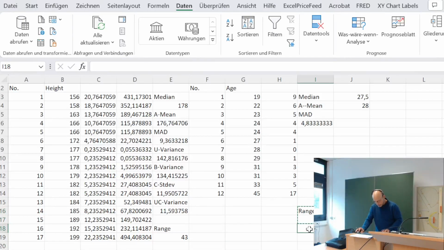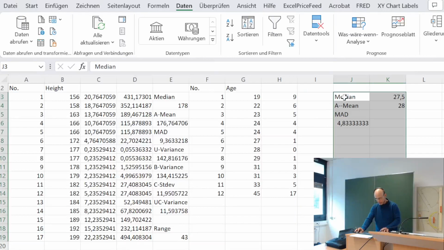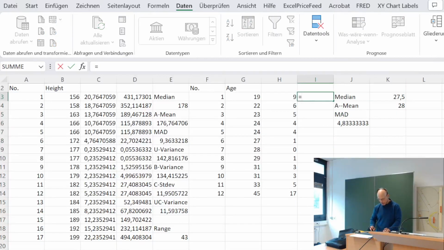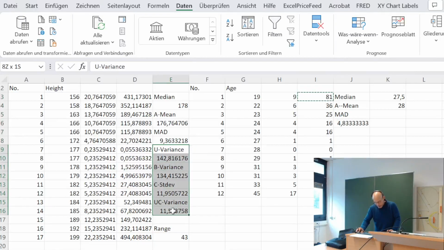Let's put it down here. And we also need the square of the distances. So this one squared, moving downward. And then we just copy all this here.